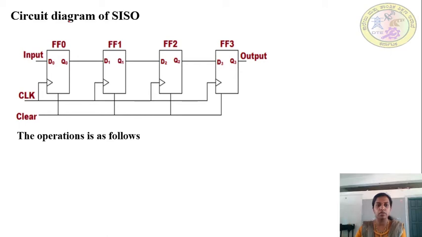We will see the circuit diagram of SISO. The SISO circuit diagram can be considered as a group of four D flip-flops: FF0, FF1, FF2 and FF3.